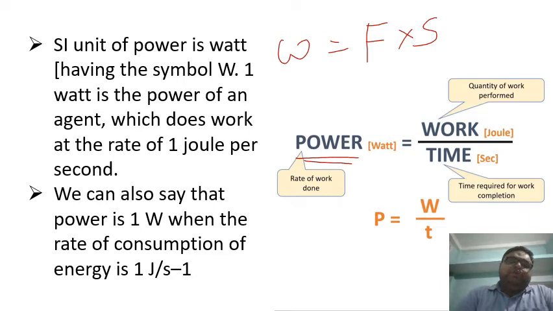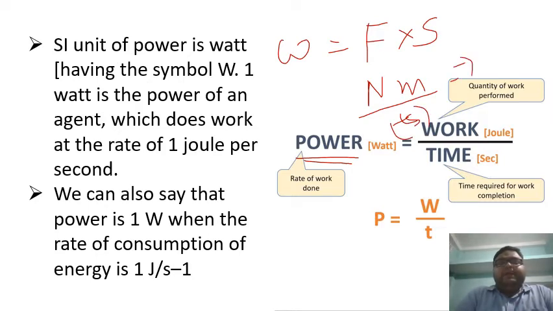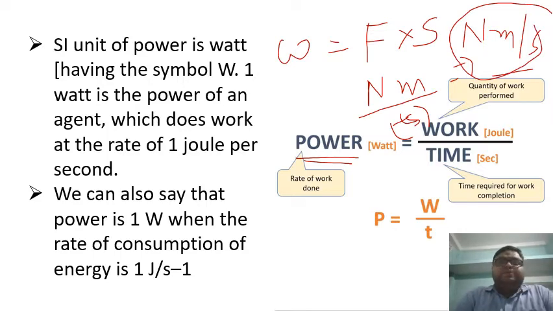So work can be written as Newton meter and time as seconds. The SI unit of time is second, so power can be written as Newton meter per second. This Newton meter per second is also written as watt. So power has been given an SI unit, and that unit is watt.